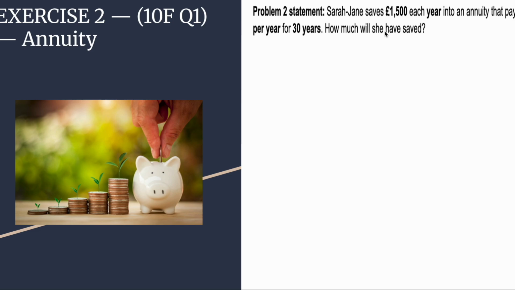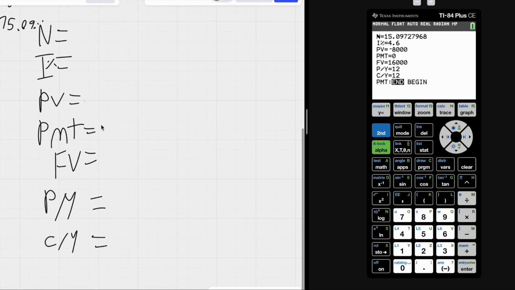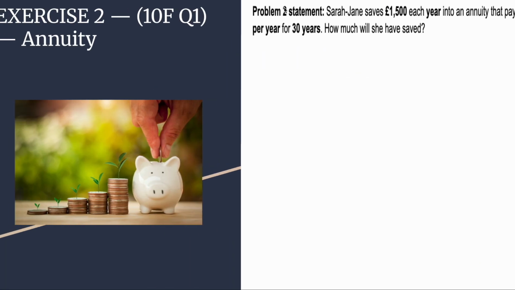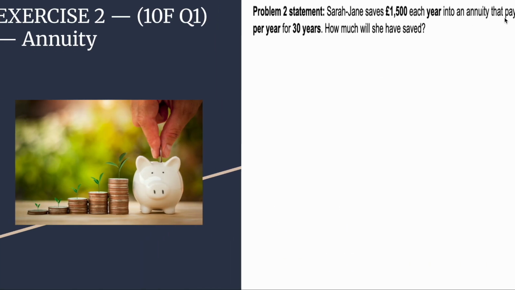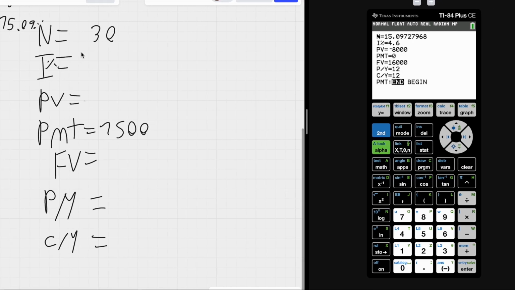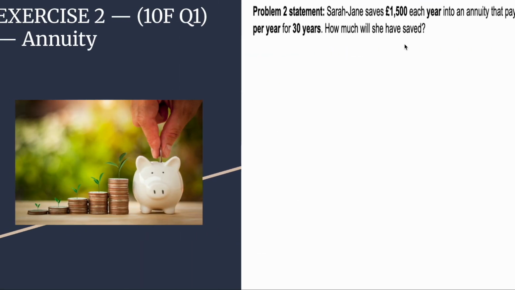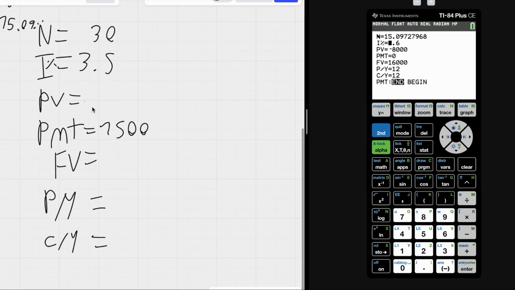First of all, we know that she's saving money each year, so this 1,500 is going to be here in payments, because she's paying this amount each year for 30 years into an annuity that pays 3.5%. So we have 3.5% interest. What is the present value? 0, because she's starting with 0 pounds.